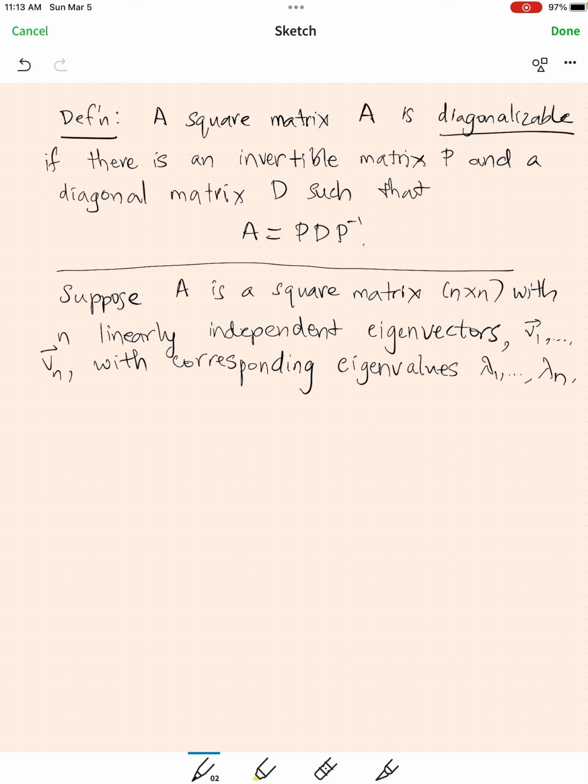And again, some of the lambda i's might be repeated. Right? So it might be the case that lambda 1 is the same as lambda 2 if v1 and v2 are scaled by the same scaling factor.